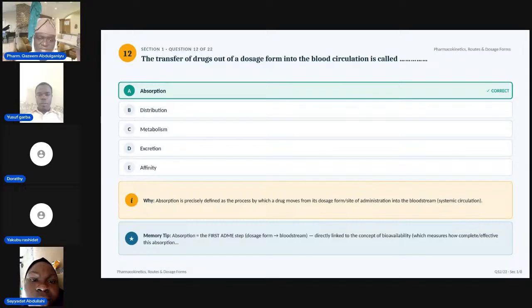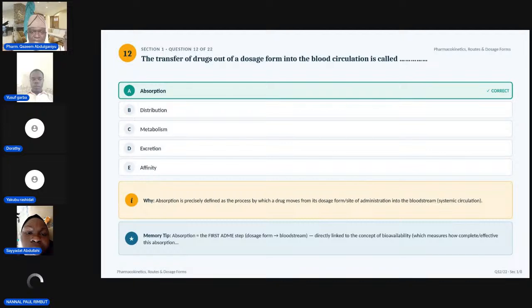Let's say, for instance, you're taking an IM injection. In that muscle at that point in time, it is where the drug is being kept, but it's been absorbed from that muscle into the bloodstream. That is absorption, and that's the first thing. So the transfer of the drug out of a dosage form into the blood circulation is called absorption.